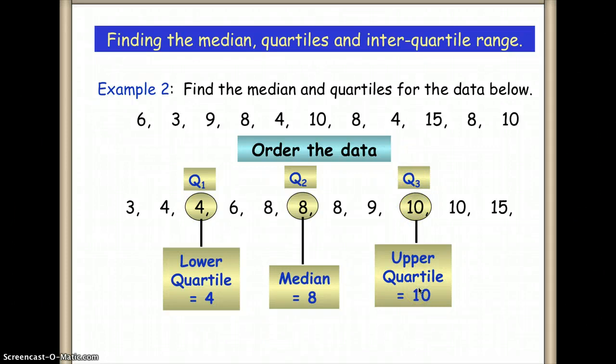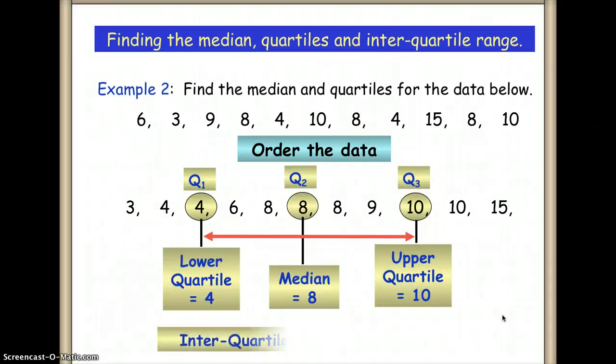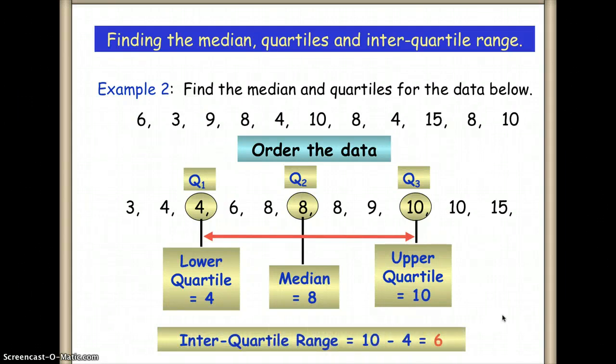That's a good thing when the number of data items is odd: it's easier to get the middle number. So your interquartile range is Q sub 3 minus Q sub 1. That will be 10 minus 4. So the spread of data, or your interquartile range, is 6.